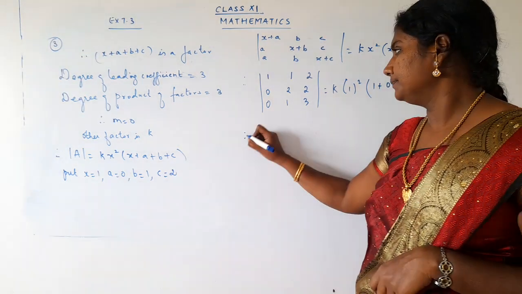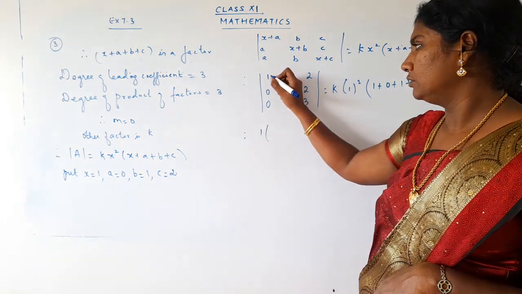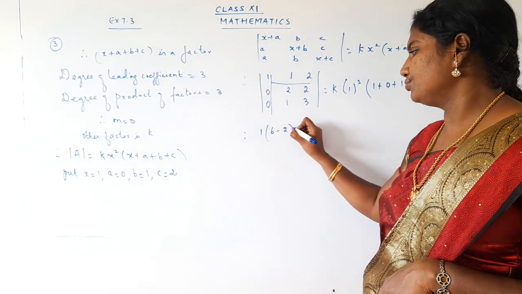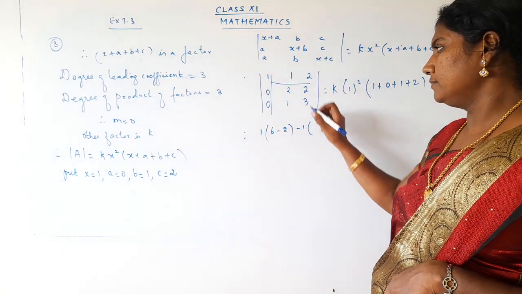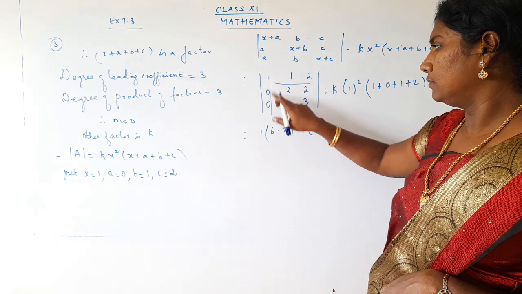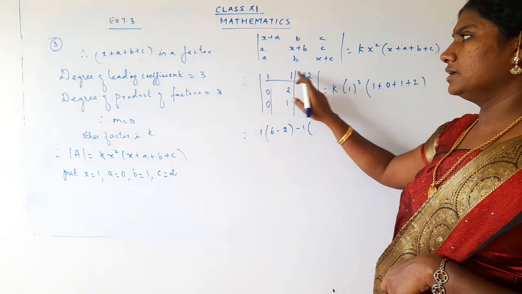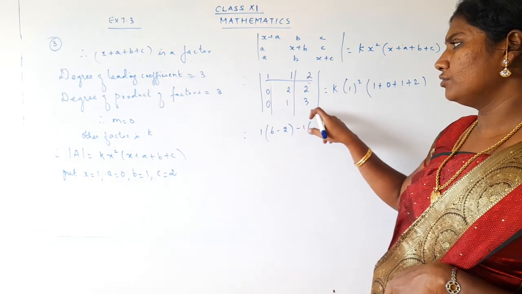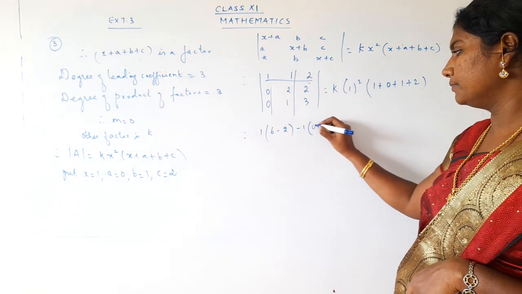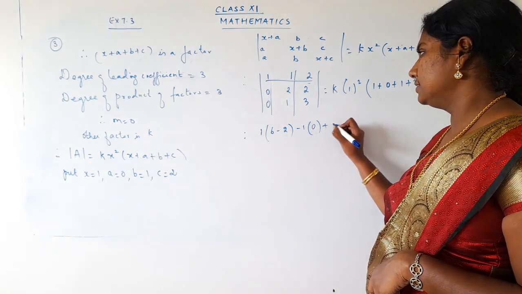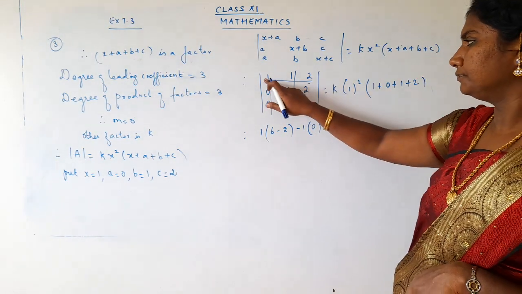So what I get here is 1 into (6 minus 2) minus 1... If you take this one, you have to neglect the row and the column. So I get 0 minus 0, so the whole term becomes 0. Plus, minus, plus, so 2 here.